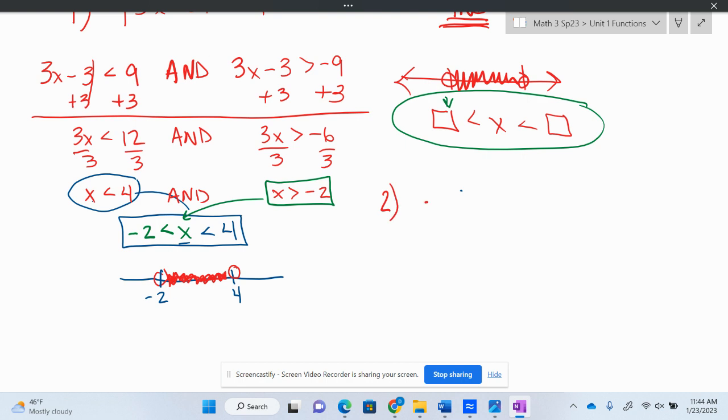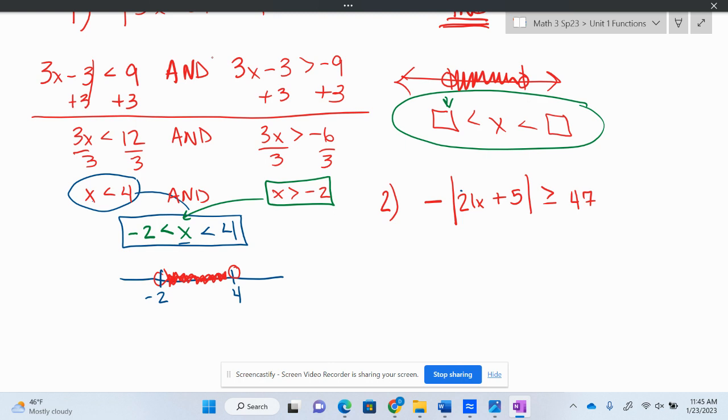So number 2 has negative times the absolute value of 21x plus 5, close my absolute value, is greater than or equal to 47. So is my absolute value sign all by itself? What's over there? A negative.